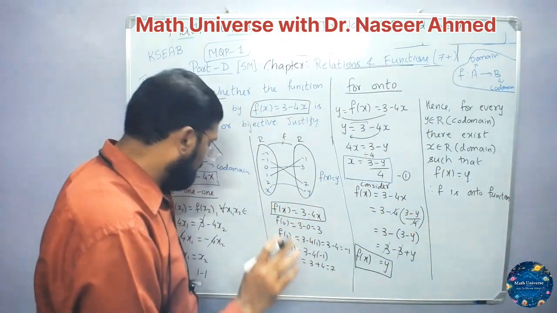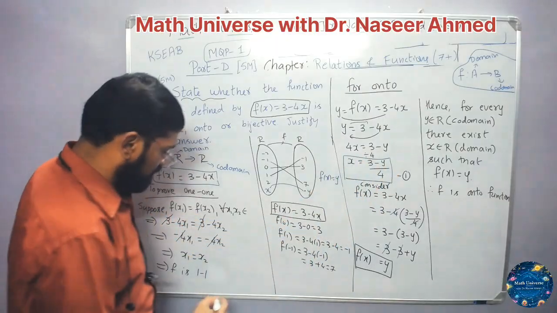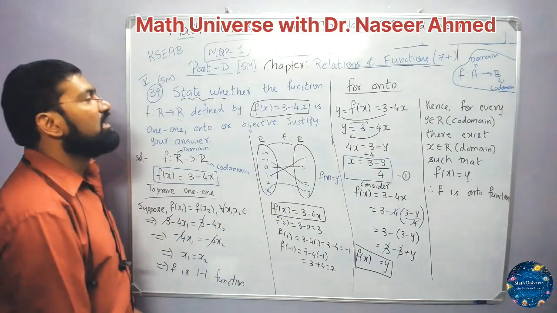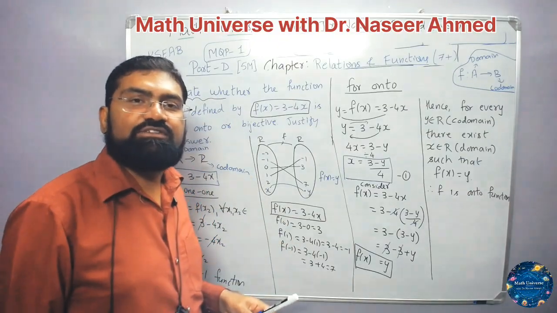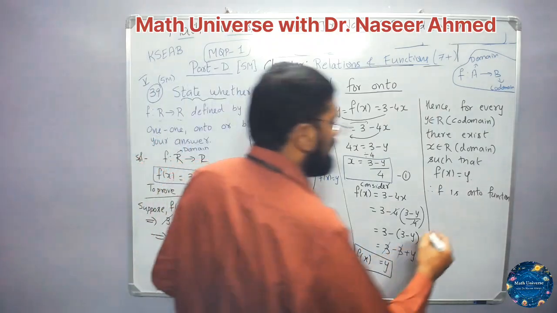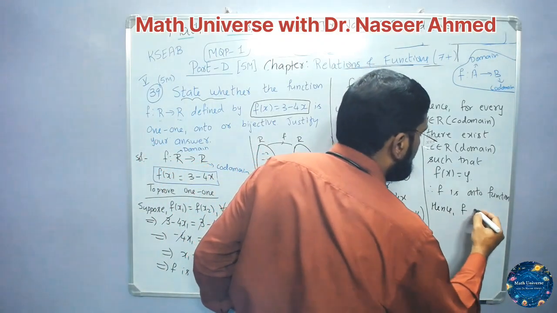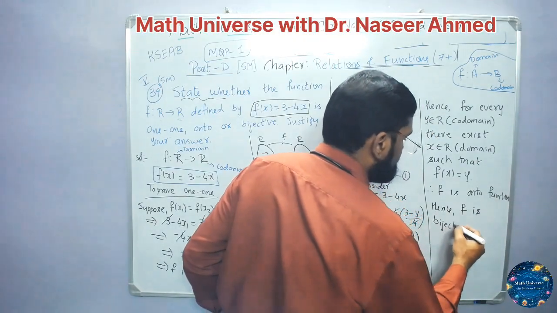Now we have proved that f is both 1-1 as well as onto. One-one function as well as what? Onto function. Hence I can say it is bijective, because the definition for bijective function is a function f should be both 1-1 and onto. Hence f is bijective function.